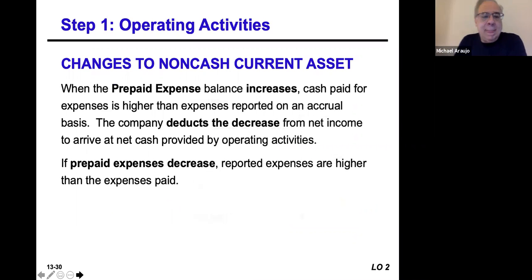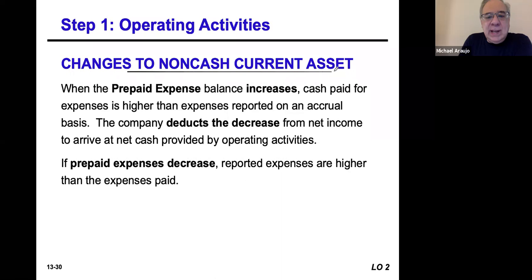In essence, there are other categories, like other non-cash current assets, such as prepaid expenses, prepaid insurance, prepaid advertising, supplies, things like this. If prepaid expenses increase, in essence, we have to use money.